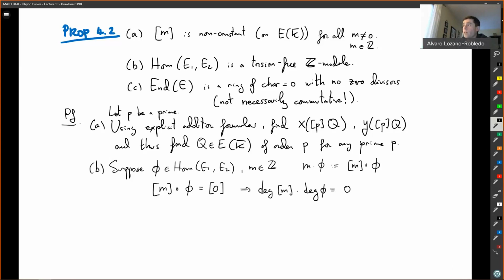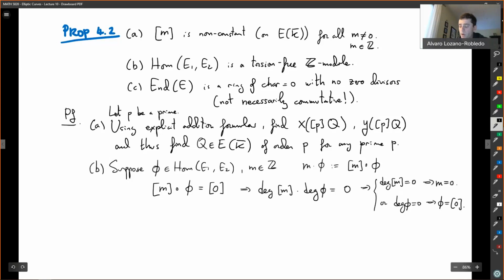And if the product is 0, then either the degree of m is 0, but that is constant only when m is 0, so m is 0, or the degree of phi is 0, in which case phi is constant, and then phi has to be 0.